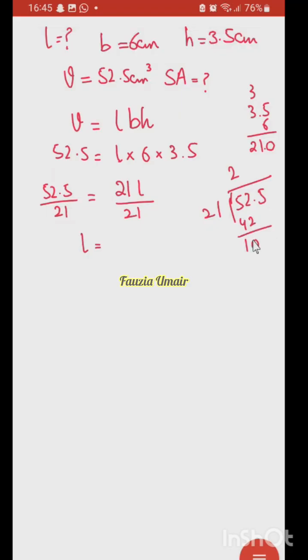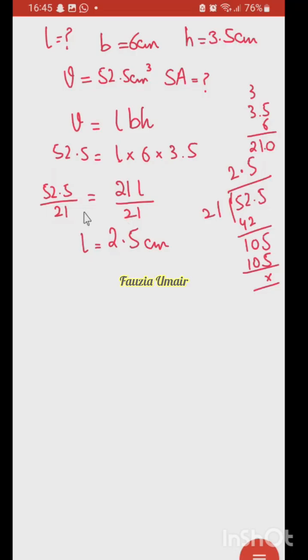So this is 10. Now bring this 5 down and this decimal will go in the answer. So it will be 105. So 21 into 5 is 105. Okay. So what is the length? Length is 2.5 centimeter.